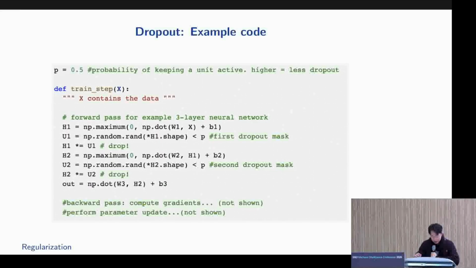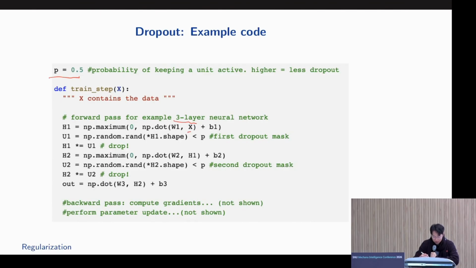And here's how you implement it. During the training step, this is the vanilla version. So p = 0.5 is the probability of keeping a unit active. Here's an example 3-layer MLP.